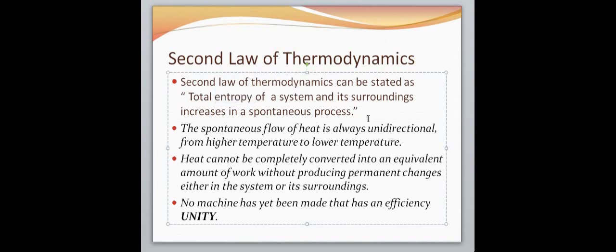Now, the entropy of a gas is higher than the entropy of a liquid. The entropy of a liquid is higher than the entropy of a solid. What do I mean by this? It just means that a gas is highly in a disordered state. For example, if I keep an incense stick at the corner of a room, the smoke will keep moving everywhere. The gas keeps moving, so it is highly disorderly in nature.